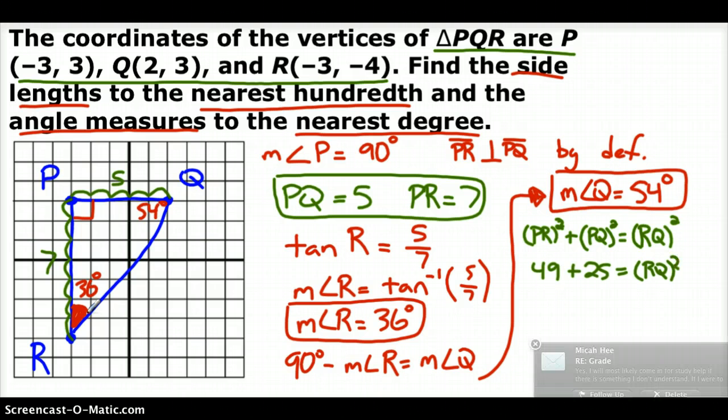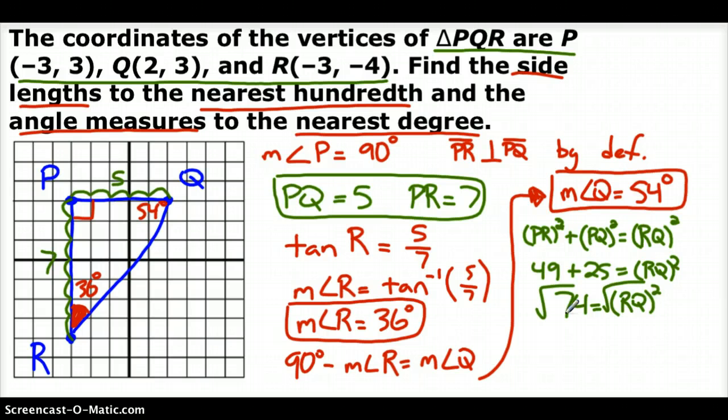Now we know that 49 plus 25 gives us 74. So I got now 74 equals RQ squared. And now I'll take the square root of both sides, right? So the square root of 74 should actually give us our answer here, and it looks like it's going to be 8.60, okay? So I'll say that RQ equals 8.60, okay?